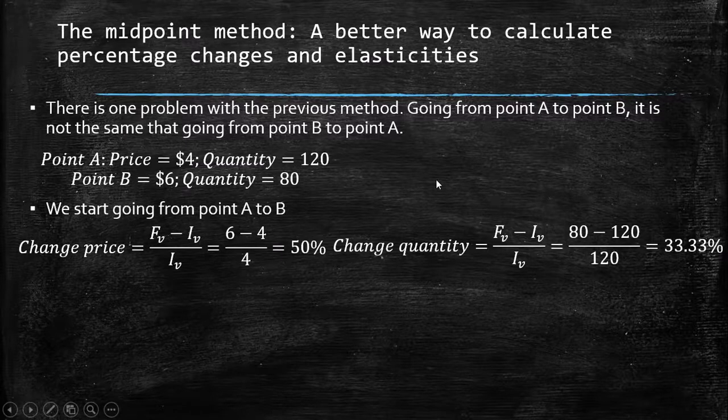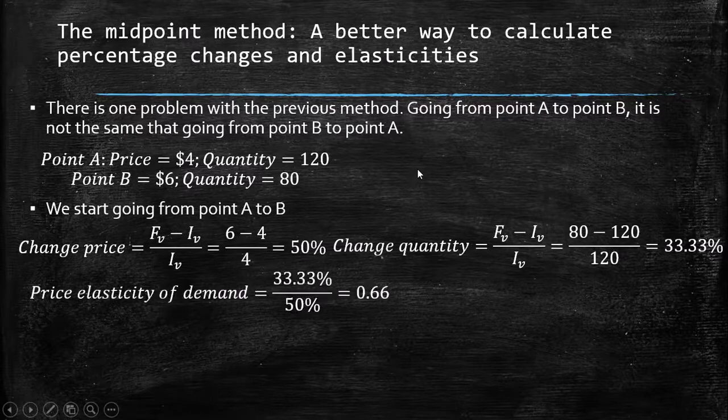This is 33.33%. So the price elasticity of demand is the change of quantities on the numerator, which is 33 over 50. So it gives us 0.66. So what does it mean? This is inelastic, less than 1. Okay.